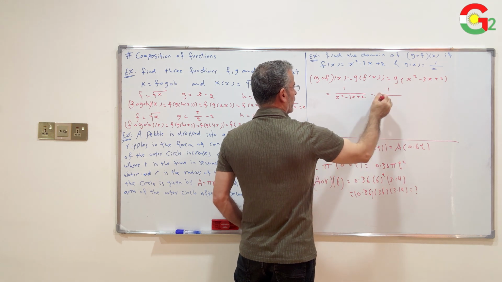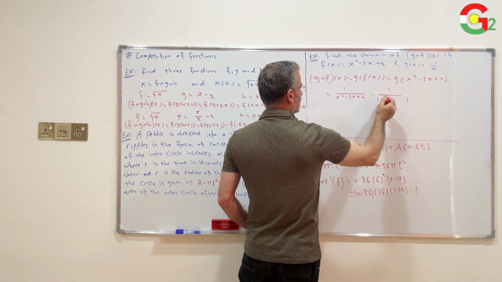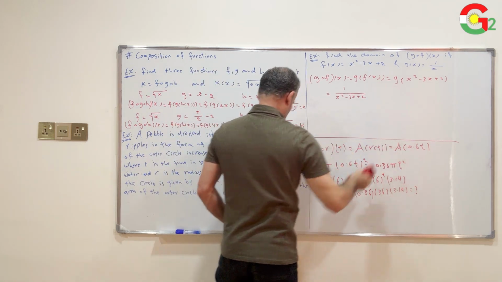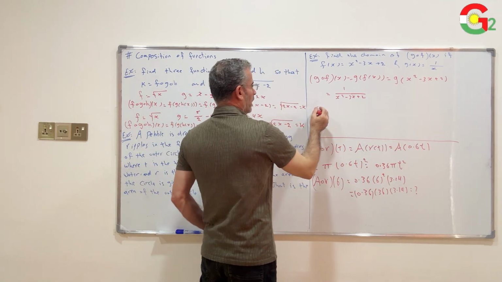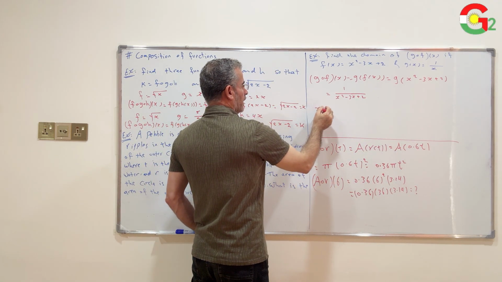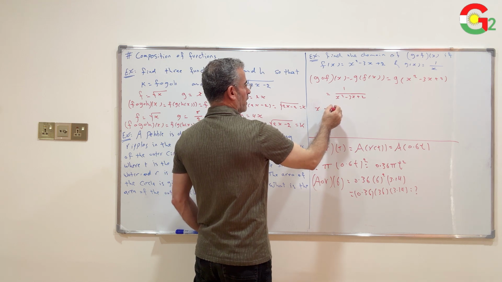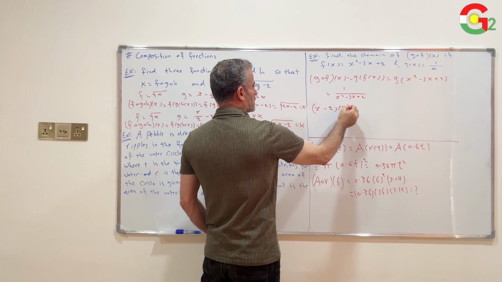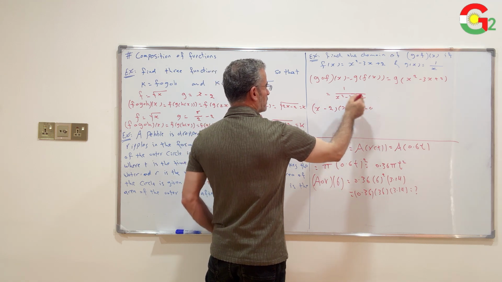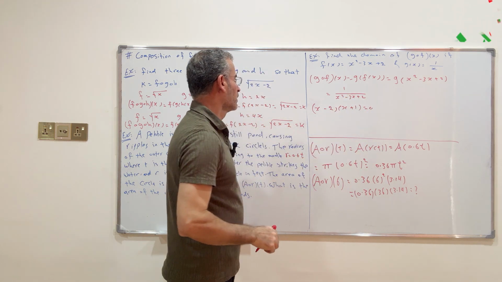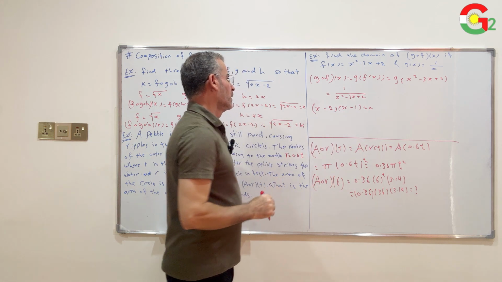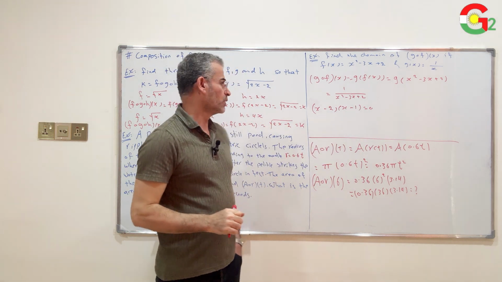I'll analyze the denominator by factoring, to find the values that make the denominator 0. x minus 1 times x minus 2 equals 0.